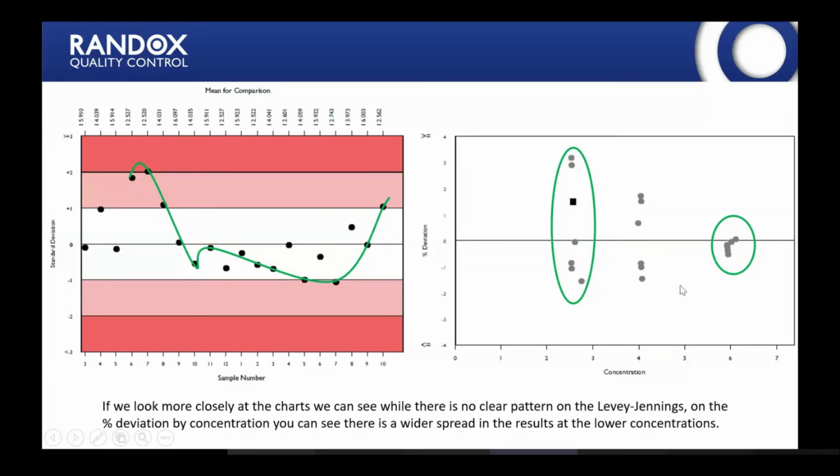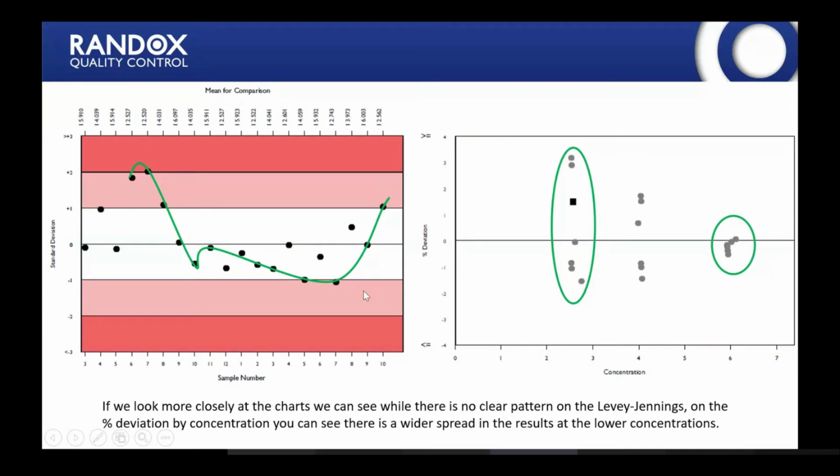But if we look at the percentage deviation by concentration chart, we can actually see that there is a different pattern. At the higher concentration, the lab has very tight and very good performance. But at the lower concentrations, there's a much wider spread in the results that the lab are getting. So this is the area that they need to watch out for.